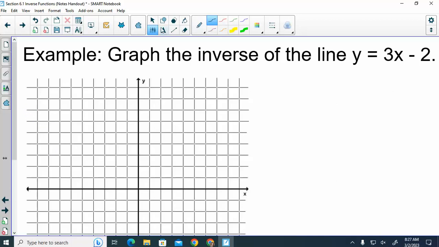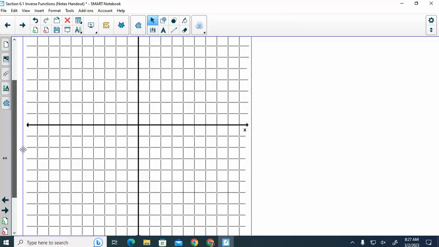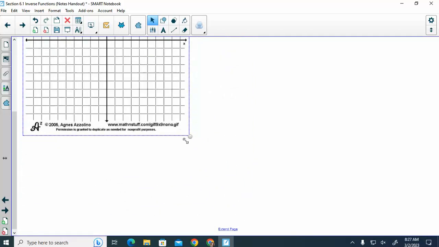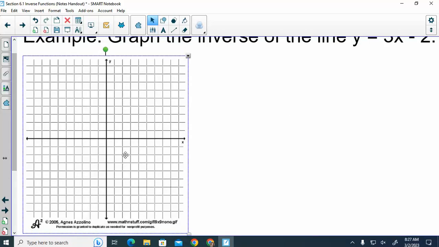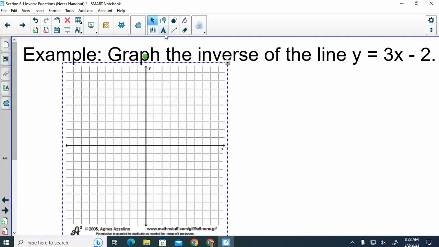So if I wanted to graph the line y equals 3x minus 2. Alright, we know how to graph lines. Y equals mx plus b, so we start at the y-intercept, which is negative 2.